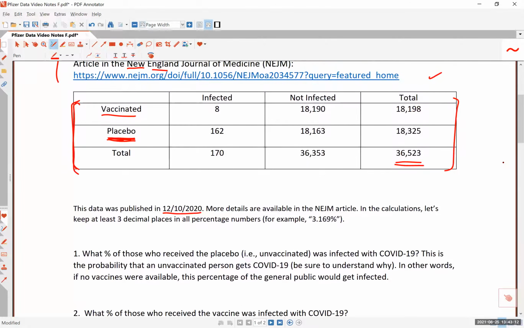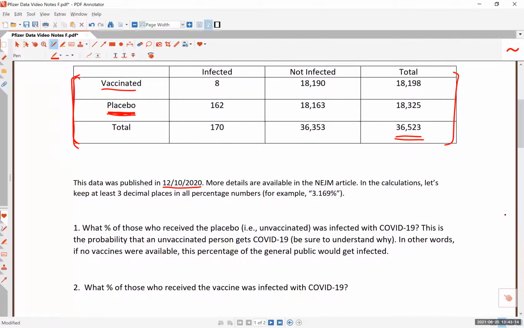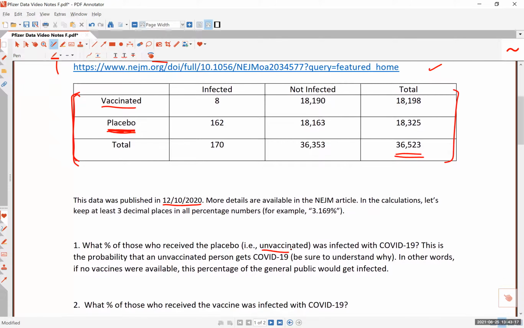Number one, what percent of those who received the placebo, basically the unvaccinated people, were infected with COVID-19? This, of course, is the probability that a regular person, a person without the vaccine, gets COVID-19. I hope you understand why this is true. In other words, if there is no vaccine available, this percentage of the general public would get infected.